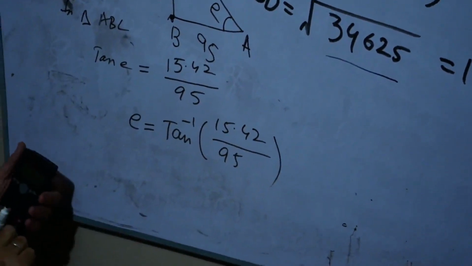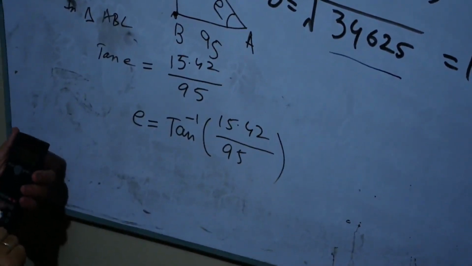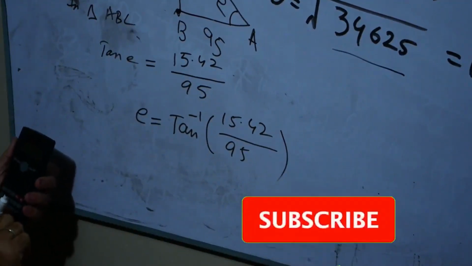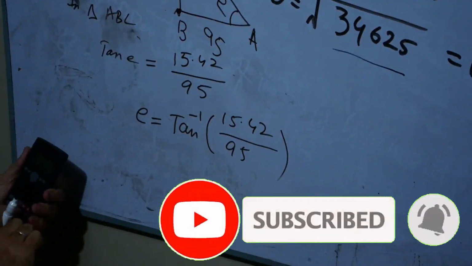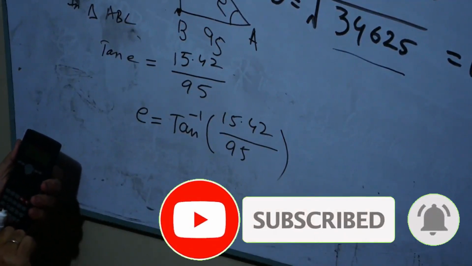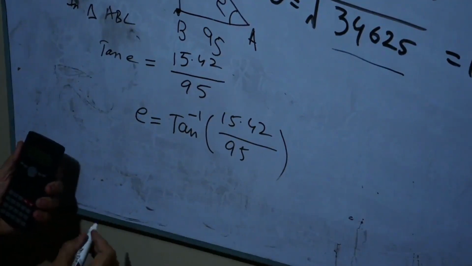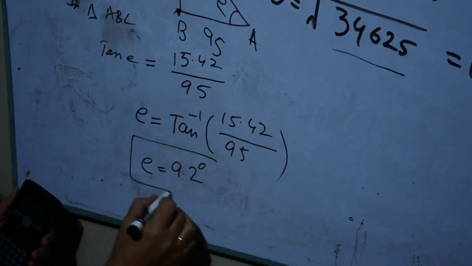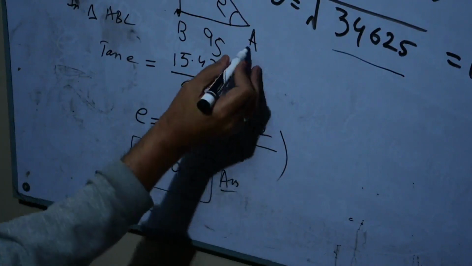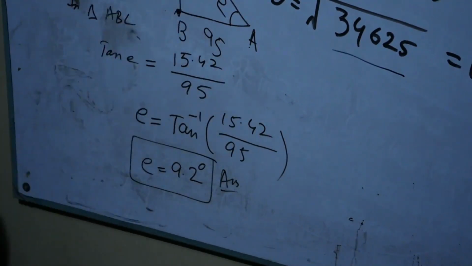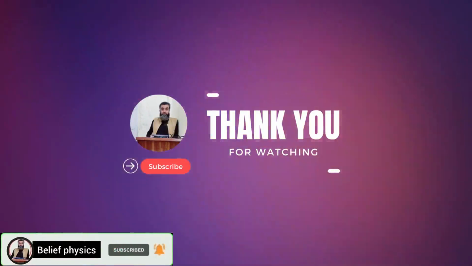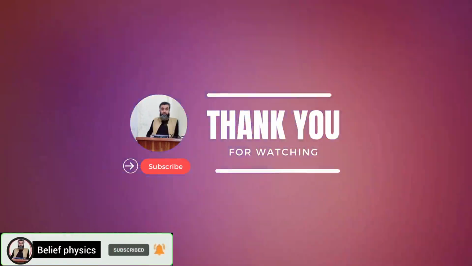I solve it: 15.42 divided by 95, then we find tangent inverse of the answer, and this comes out to be 9.2 degrees. So the angle of elevation from A of light L is 9.2 degrees. So that's it. This is the end of this question.